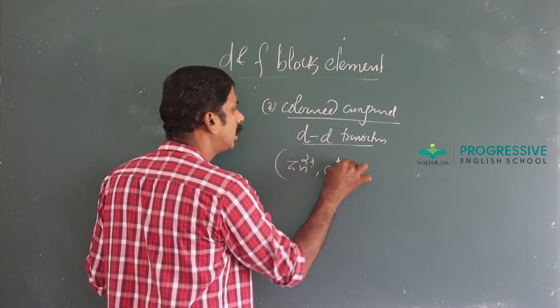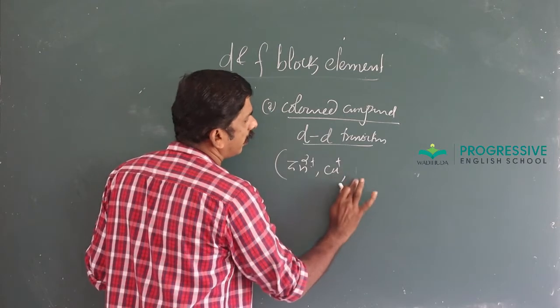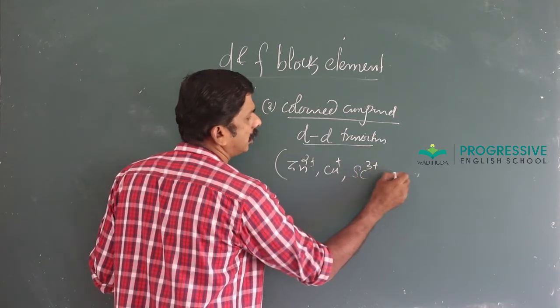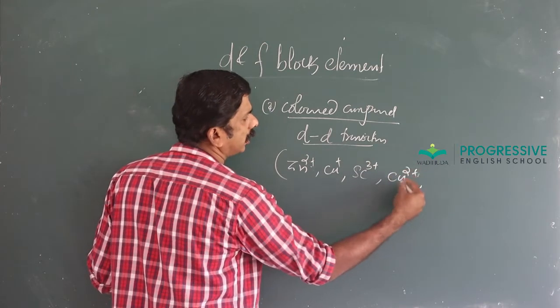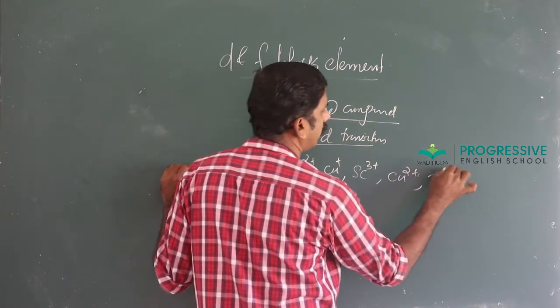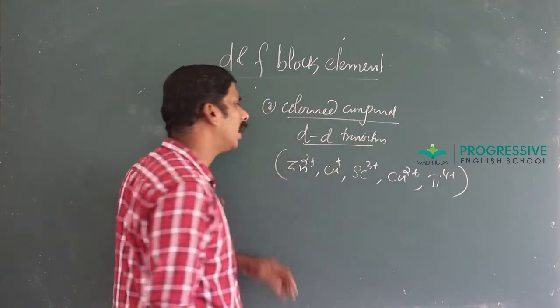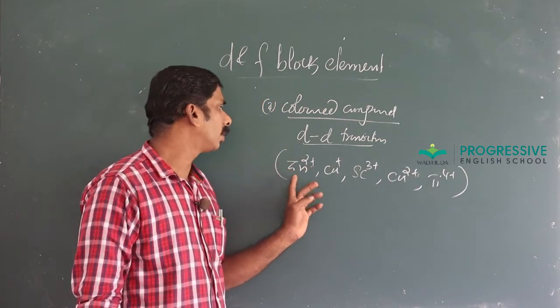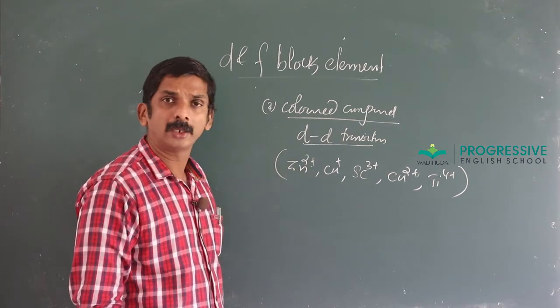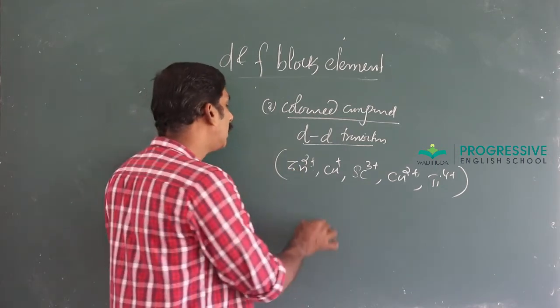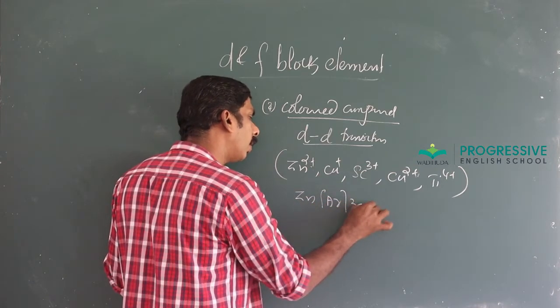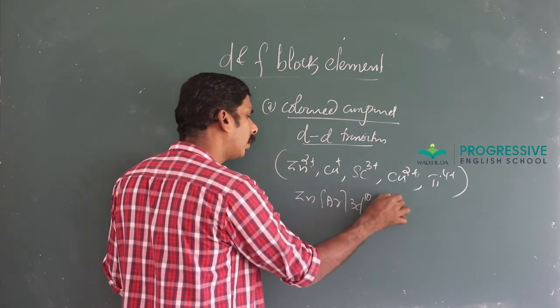Zn2 plus, Cu plus, Sc3 plus, Cu2 plus, Ti4 plus. Among these, identify the species that exhibit color. Let's go through the Zn2 plus ion first. Zn has the electronic configuration argon core 3d10 4s2.